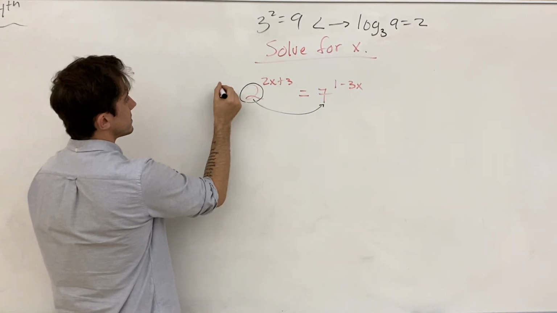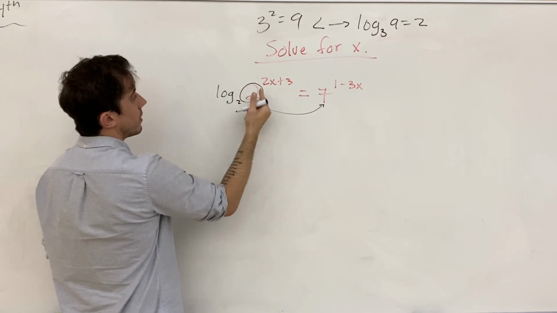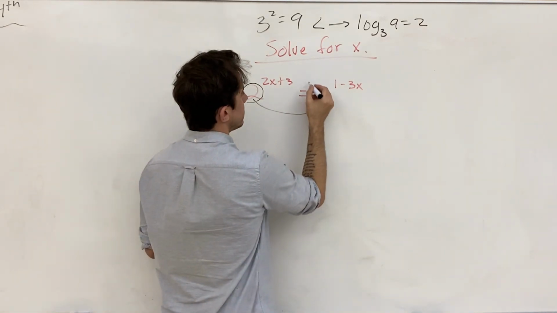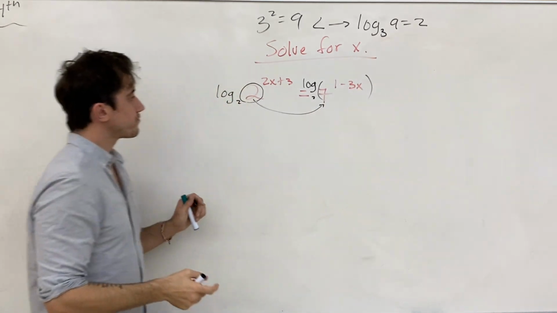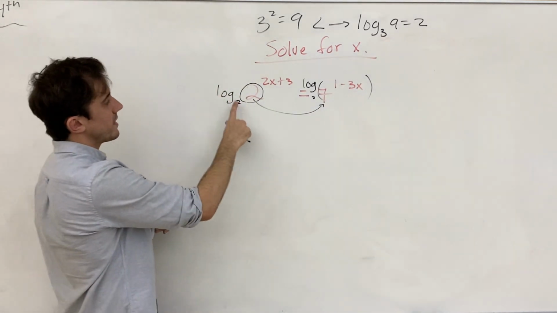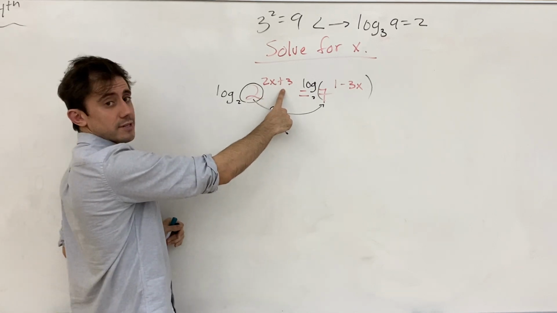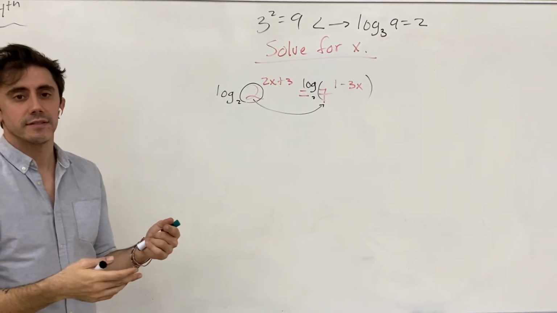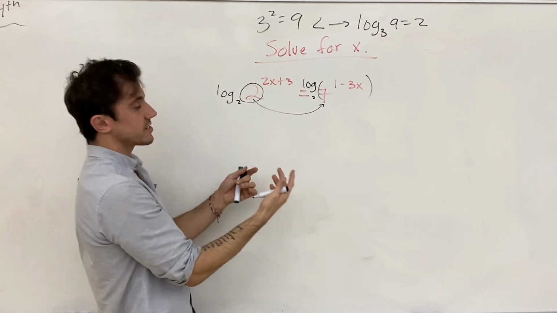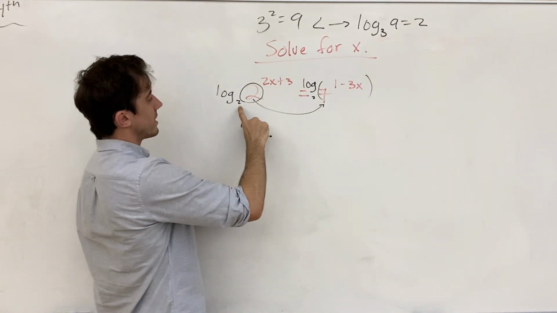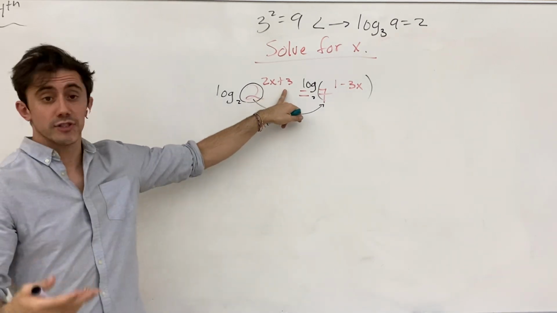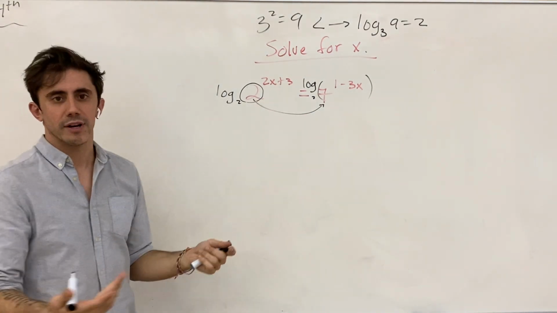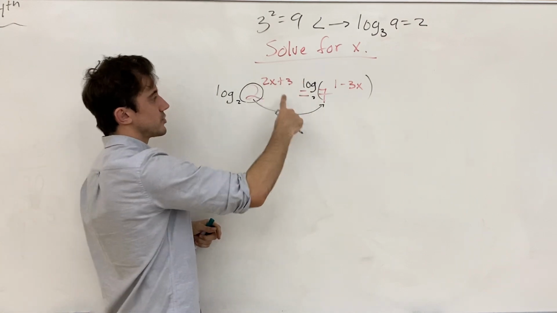But what is the log base 2 of 2 to the 2x plus 3? Well, just because we know how logs work, that's really asking the question, what do we raise 2 to the power of to make it become 2 to the power of 2x plus 3? We kind of answered our own question, right? The answer to that is just 2x plus 3.